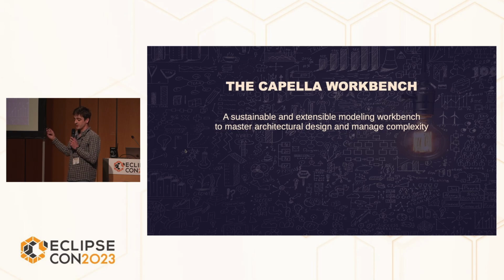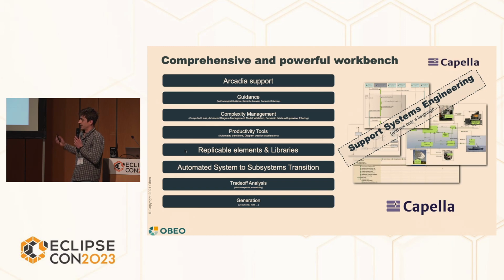So once you have the method, you can start thinking about the tool, and the tool is, as I said, Capella. Capella is really the Eclipse project that was designed to support the application of the Arcadia method. It was developed, as I said, by Thales. In the history, it was developed really by systems engineers, for systems engineers, who really wanted to make their everyday life easier and to have an easy way to model their systems that would actually help them.